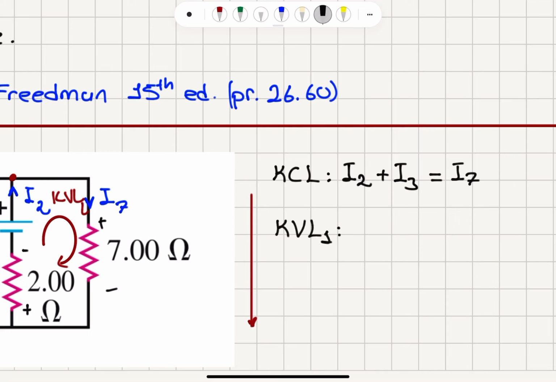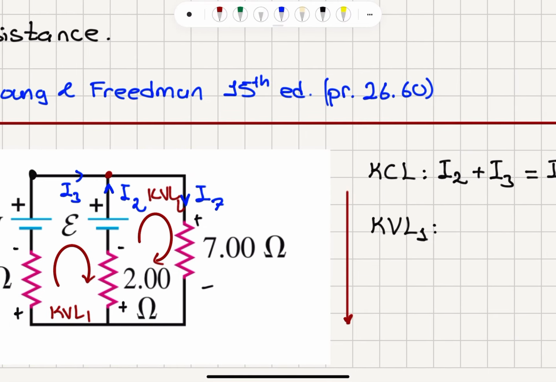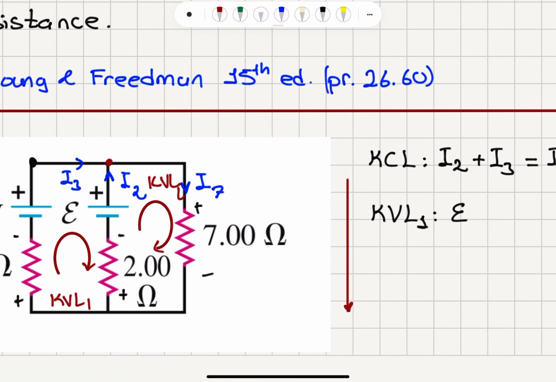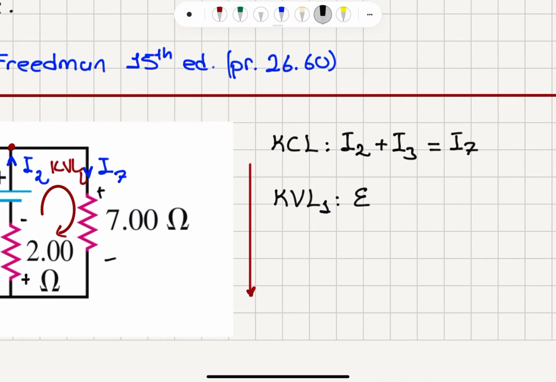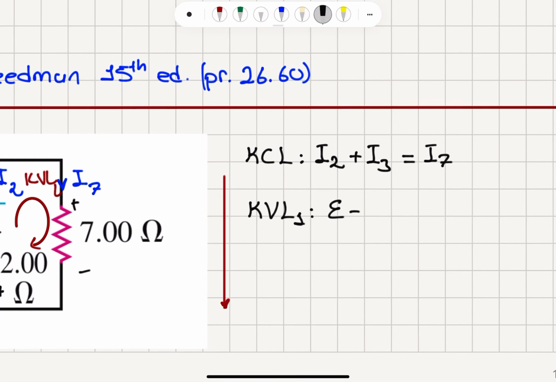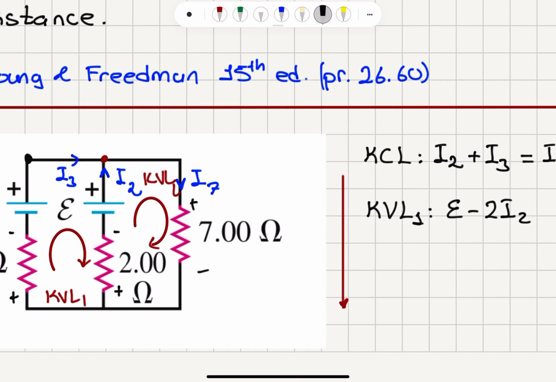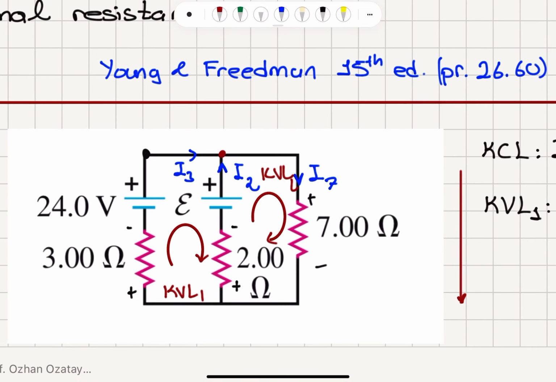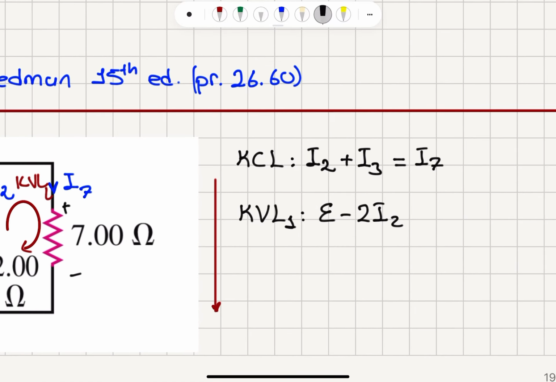For the KVL1 equation, first I encounter this plus epsilon, so I have plus epsilon. Then I encounter this 2 ohm resistor, so this is going to be minus 2I2. Then I encounter this 3 ohm resistor, and I3 is flowing in this direction, so it is plus 3I3.